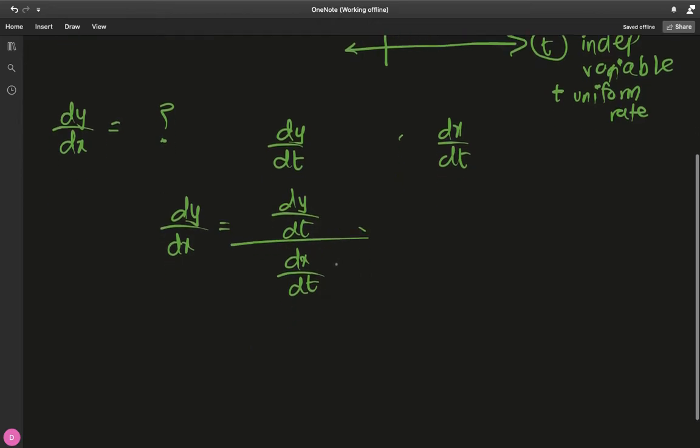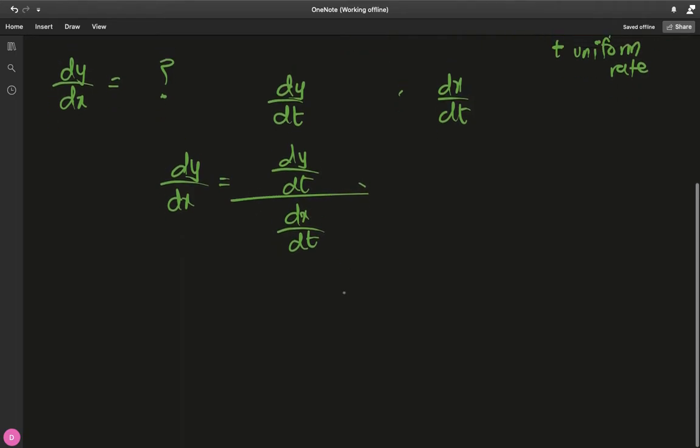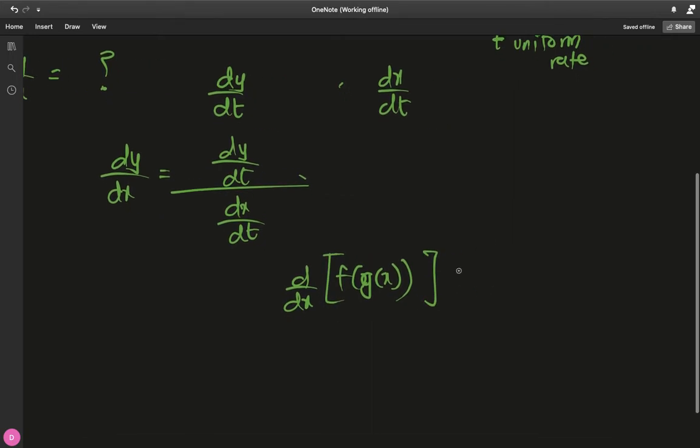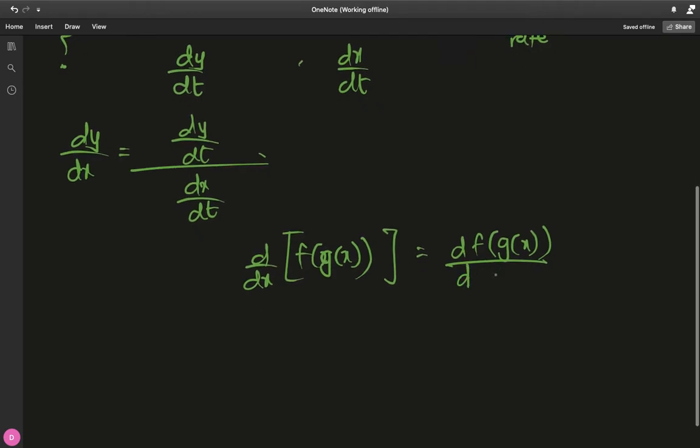And this, you may say, is, you can say that the dt's cancel out, but the way I like to think about this is, remember you had your chain rule, say derivative with respect to x of f of g of x, so a composite function like this was basically derivative of f of g of x with respect to g of x times derivative of g of x with respect to x.